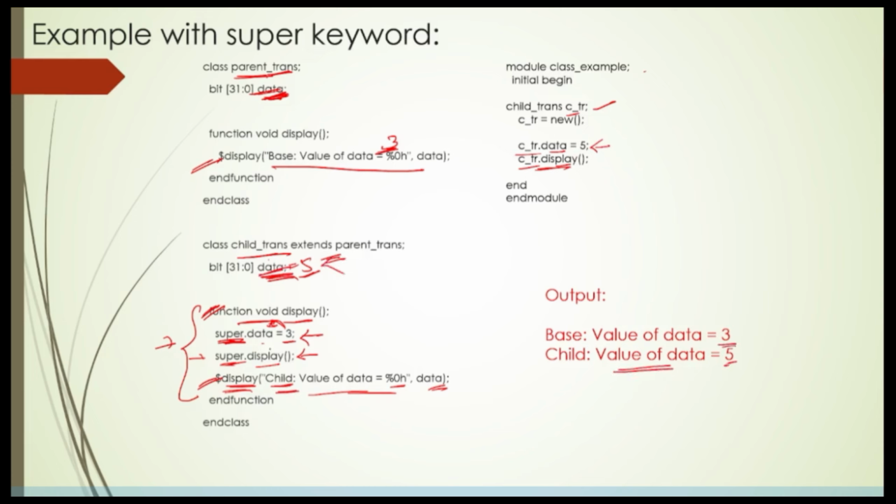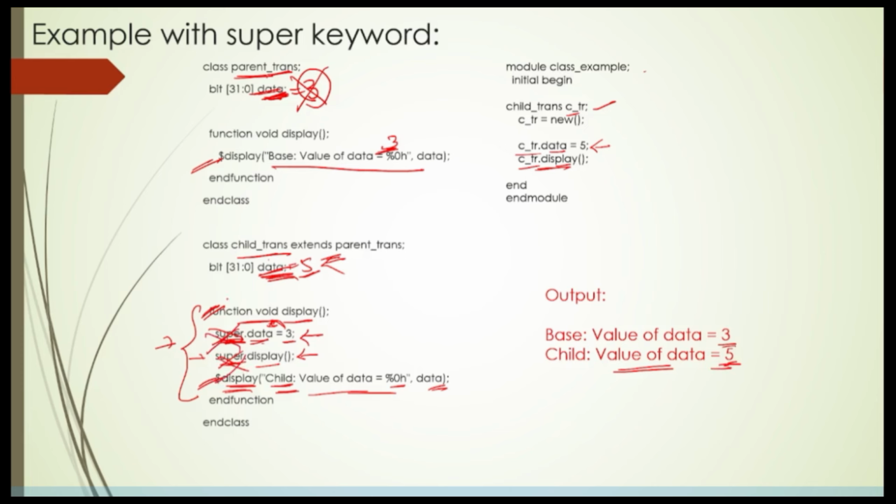Got my point? If you are not using this super.display, then what happens? Even though you are giving the value as 3 here, this value is overridden as 5 if you are not using the super keyword.